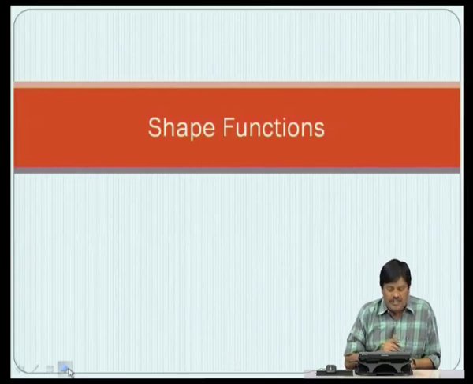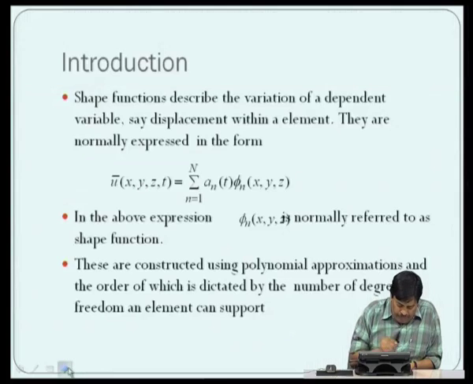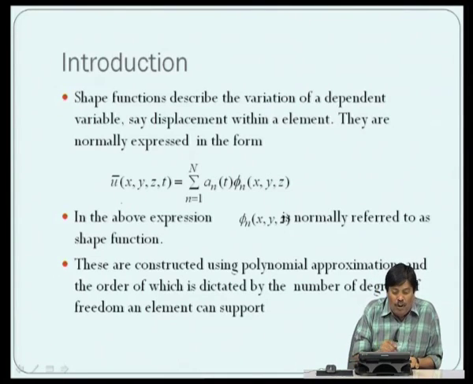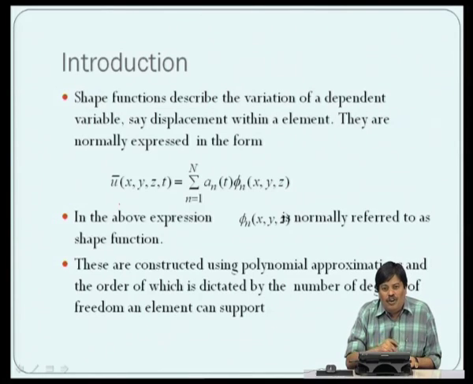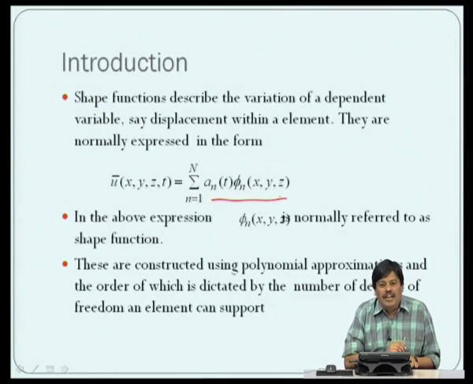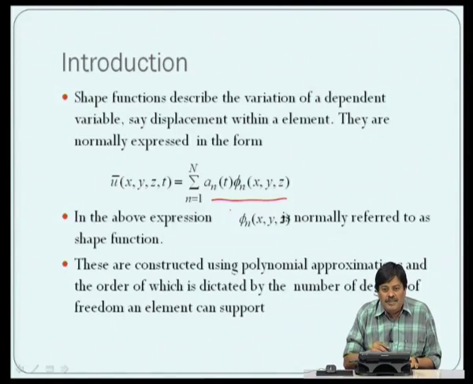Now, let us come to the shape functions. As I said, I go back to equation 1, where we approximate the dependent variable or the displacement within the element by a series shown by this equation, where a n of t is the degree of freedom or the nodal displacement, and phi n is the shape function.